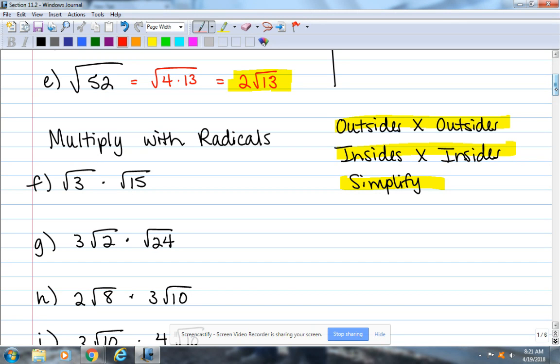When I say outside, I'm talking about the little coefficient, the number outside the radical. The inside of radicals are called radicands. Y'all might remember that from your vocabulary. Radicand with a D on the end. So if you hear me say the word radicand, I'm talking about the numbers inside radicals.